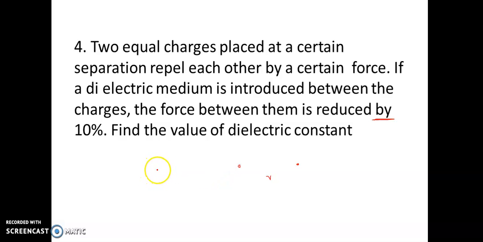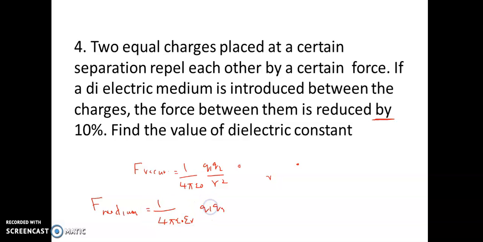Suppose the force in the vacuum is F vacuum. So we know that the expression for it is 1 by 4 pi epsilon 0 Q1 Q2 divided by R square. So then when the medium is introduced, the force is 1 by 4 pi epsilon 0 epsilon R Q1 Q2 by R square, and we have already seen that epsilon R is the ratio of F vacuum to F medium.